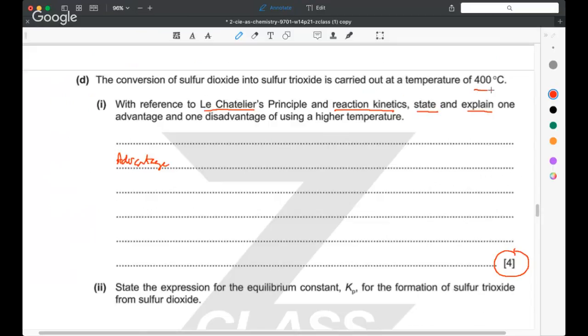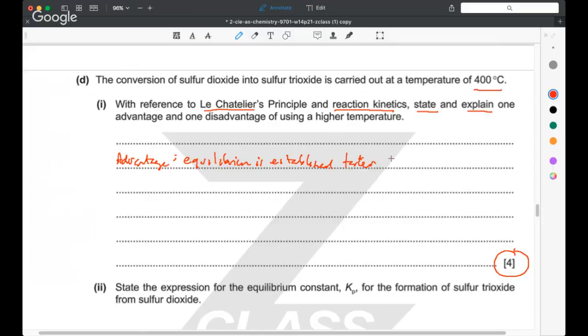All right, so for the advantage of using 400 degrees Celsius, the advantage that you're going to state is that equilibrium is established faster. You have to excuse my writing, you can hear on the audio.